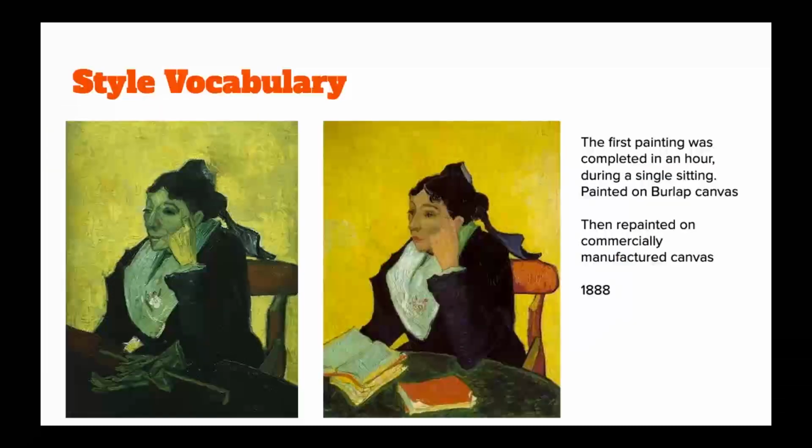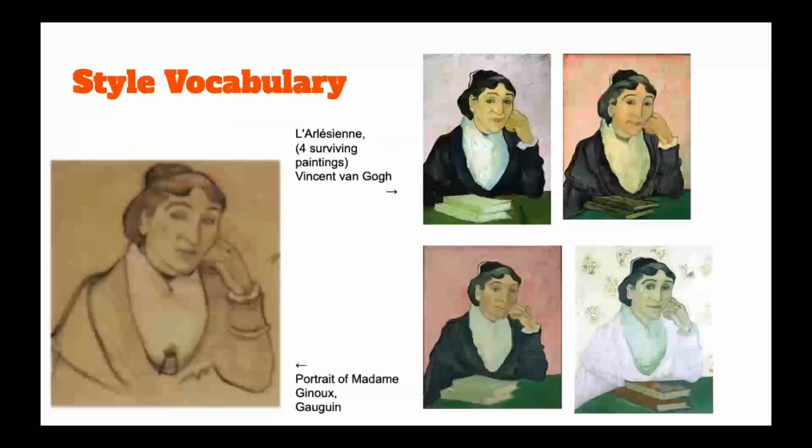The first paintings were completed within an hour during a single sitting, painted on burlap canvas, and then Van Gogh would go back up into his studio and repaint it once more on a more expensive and much larger canvas. A few years later, Van Gogh was off in Arles, and he was sort of committed because he was going through a lot of psychological issues.